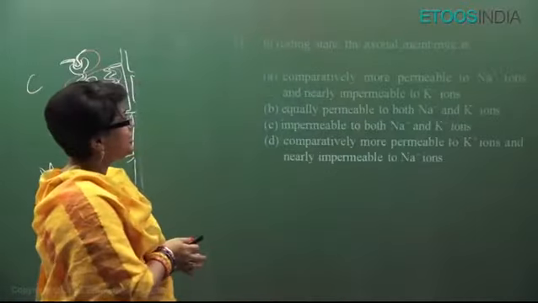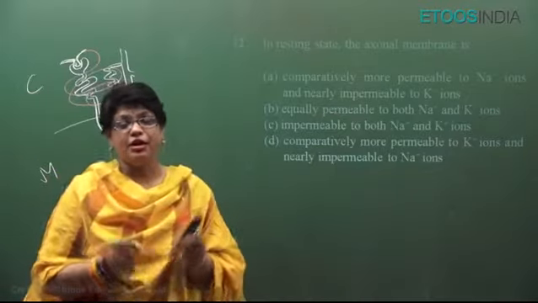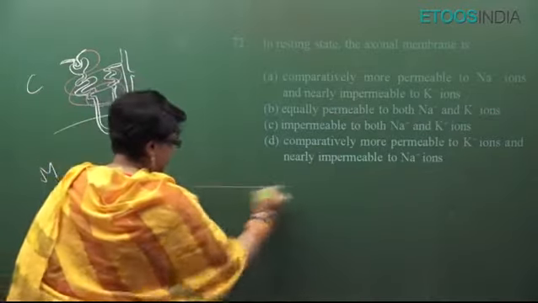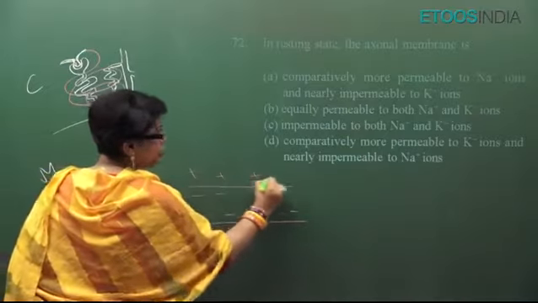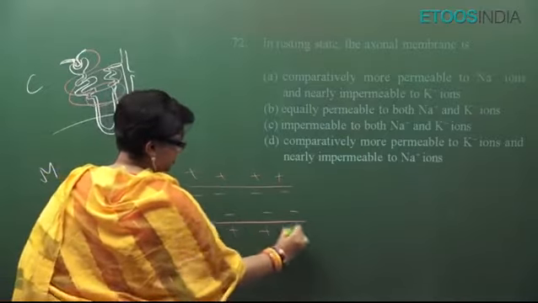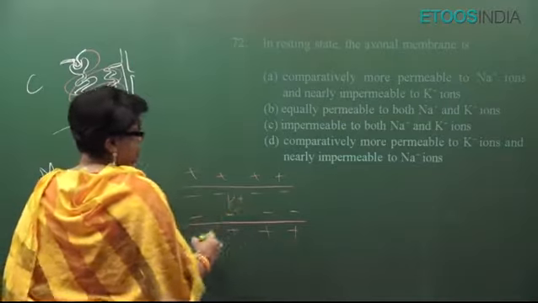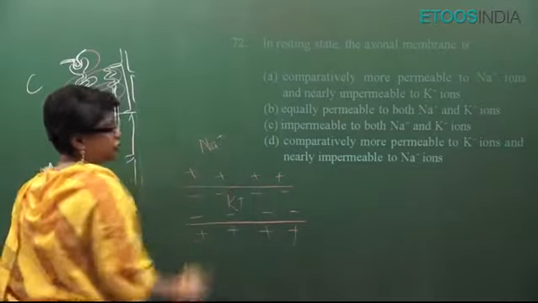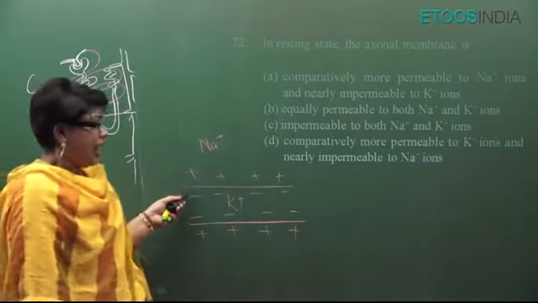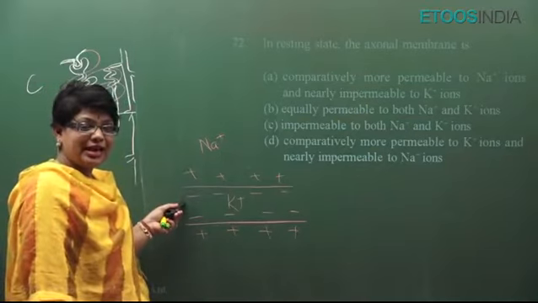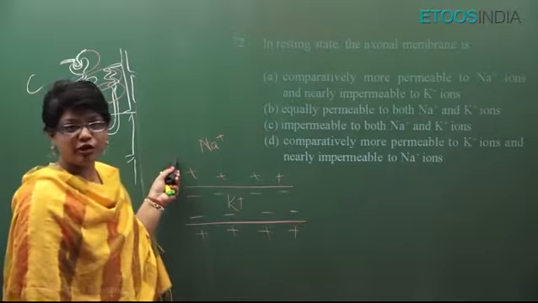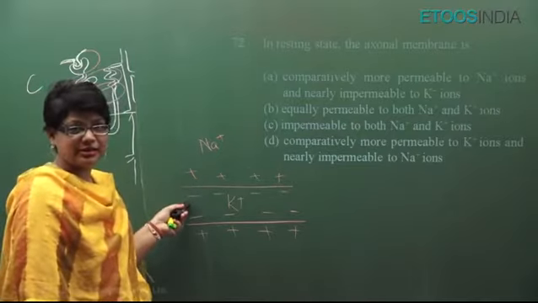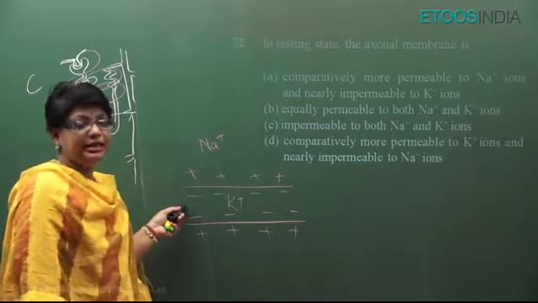Now, in resting stage, the axonal membrane is. We know in the resting stage, inside is negatively charged, outside is positively charged. Intracellular potassium ions are more, extracellular sodium ions are more. How does this charge develop? Inside negative and outside positive, because the membrane is impermeable to sodium ions, so no sodium ions are coming inside, no positive charges coming inside.